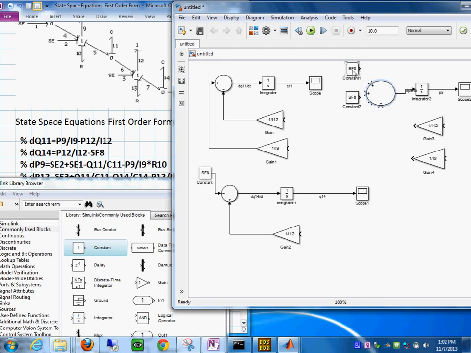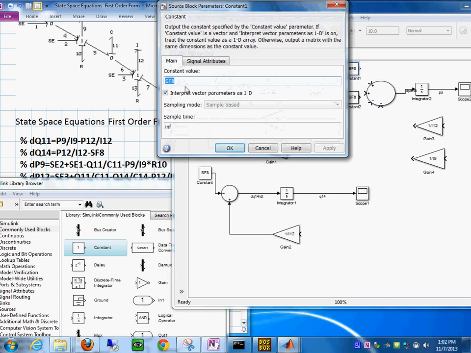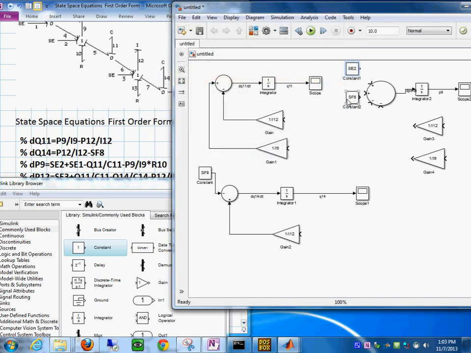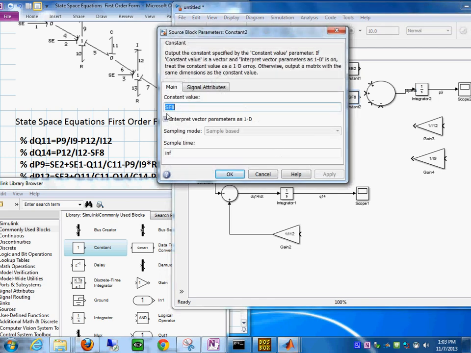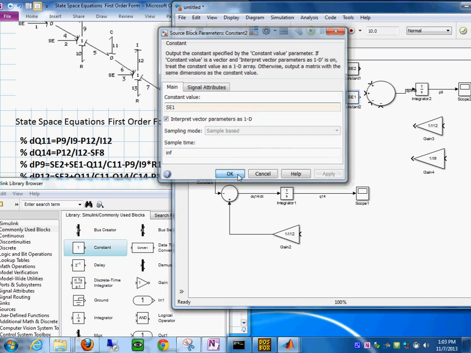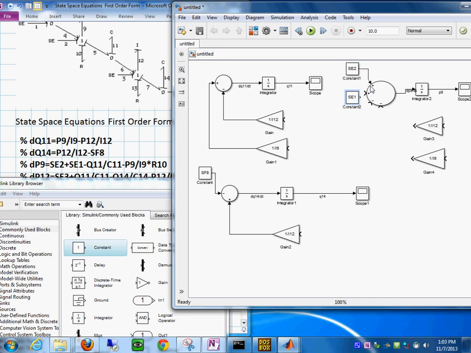This is going to be with SE2, and then you're going to have this one in here, which would be SE1. Okay, very good. So those two join here. This one is going to join over here. And then we have the two minus that connect over here.